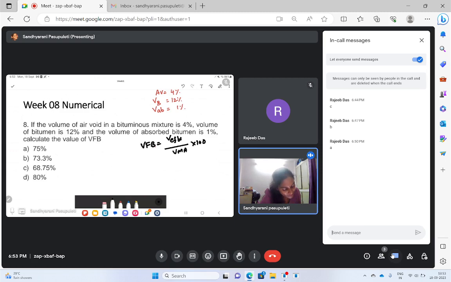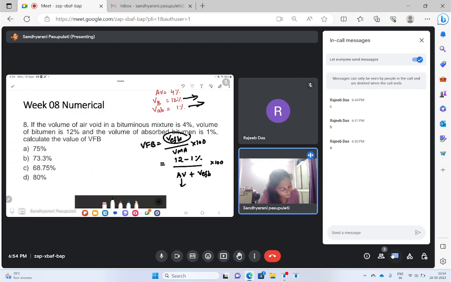But how do I get the effective bitumen volume? I know total bitumen is 12%. Out of this 12%, 1% is absorbed by the aggregate, so whatever remains will be effective. That is 12 minus 1, which is 11%. How do I get the VMA? VMA is air voids plus effective bitumen volume.